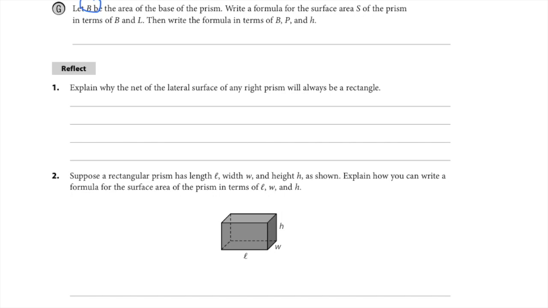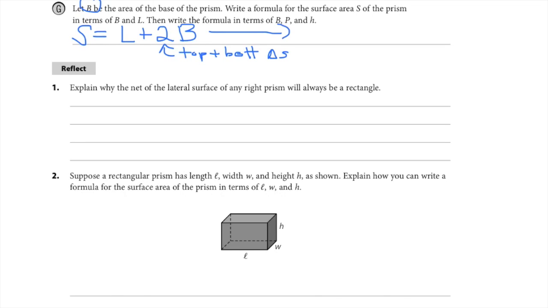So now at the top of the next page, we're going to say let B, remember that's the area of the base of the prism. We're going to write a formula for the entire surface area of the prism in terms of capital B, the area of the base, and L. So we know the wraparound pieces, the lateral area, plus the two parallel bases areas, because we need to have one on the top and one on the bottom, and that's going to be my surface area formula.